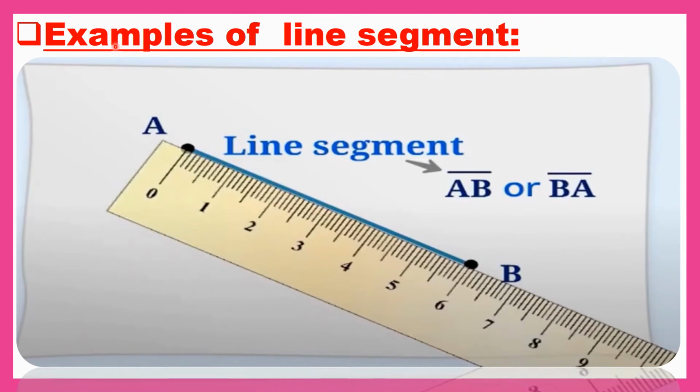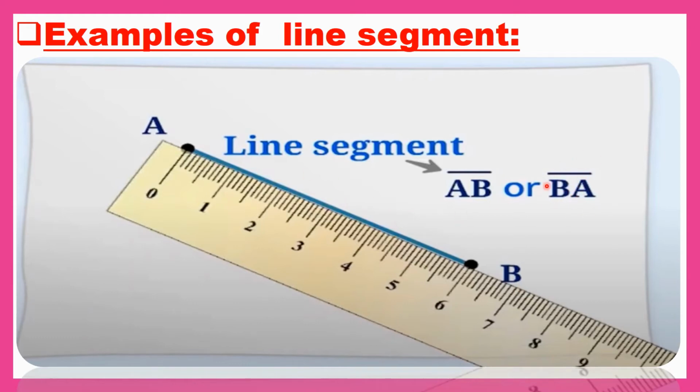Now see next example of line segment. Students, tell me what you see in this picture. Yes, very good students. Now listen carefully everyone. Each line segment has two endpoints. Based on this, we give two names to the line segment. The end points of the line segment are point A and point B. Based on this, we can call these line segments AB or line segment BA.